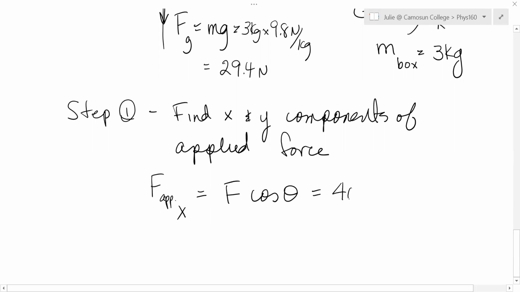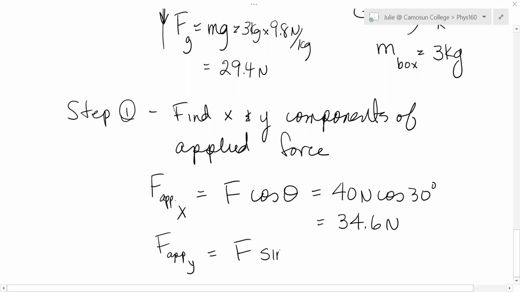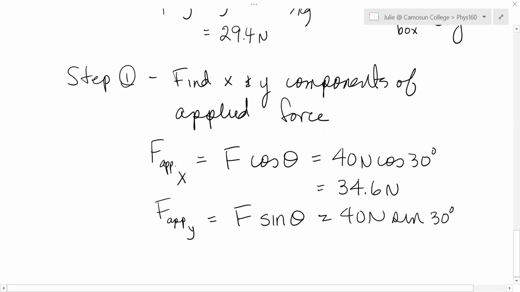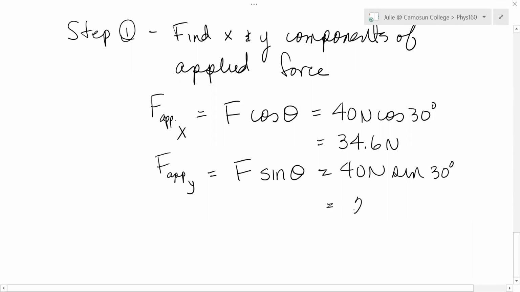So this would be the 40 newtons times the cos of 30 degrees, and that turns out to be 34.6 newtons. The applied y component, F sine theta, is 40 newtons times the sine of 30 degrees. And that was 20 newtons.